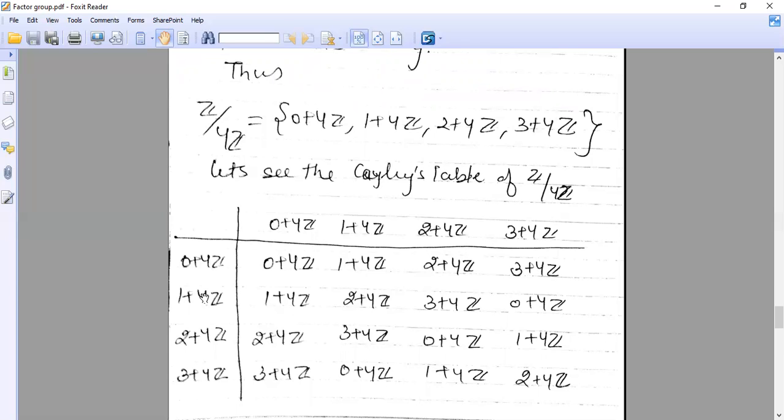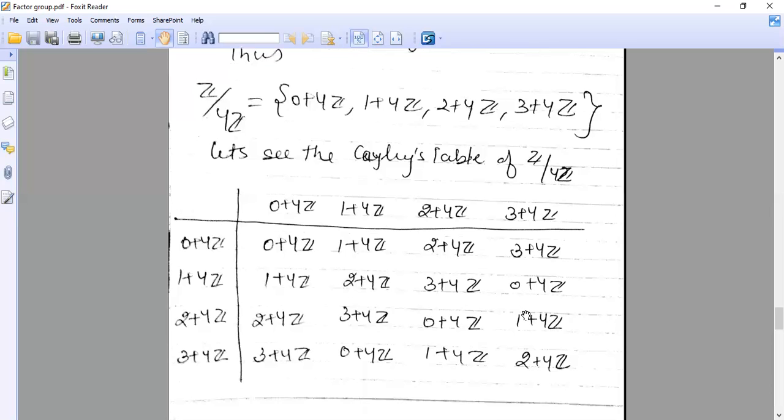Now 1 plus 4z, so 1 plus 4z plus 0 plus 4z will be 1 plus 0 plus 4z. So 1 plus 0 is 1, so this is 1 plus 4z. Now this and this, so 1 plus 1 is 2, so this is 2 plus 4z. Now this element and this element, so this is 1, this is 2, 1 plus 2 is 3, so this is 3 plus 4z. And here 1 and 3 is 4, so 4 plus 4z, 4 plus 4z is basically 0 plus 4z. This is your 0 plus 4z. You can say that you are taking under modulo 4.